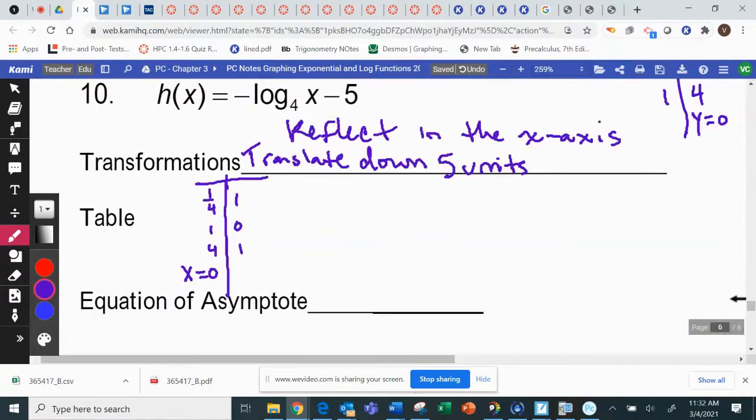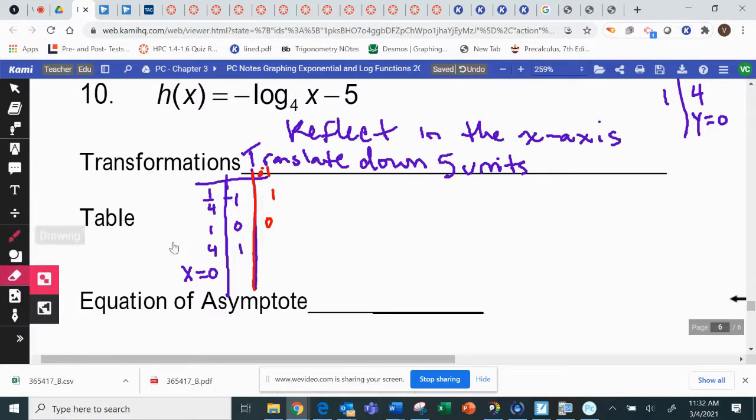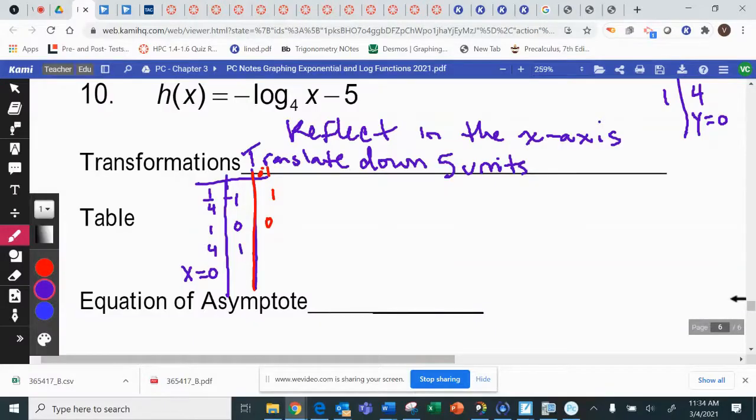Okay, so we have a reflect in the x-axis, which we multiply the y's by -1. Oh no, one of them's wrong. This one here. Okay, so when I multiply by -1, does that change my asymptote?